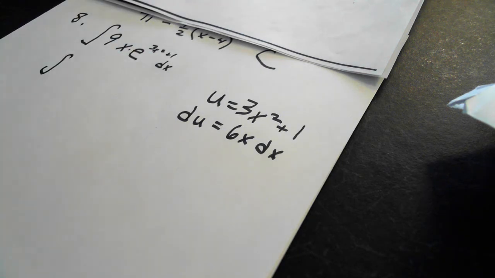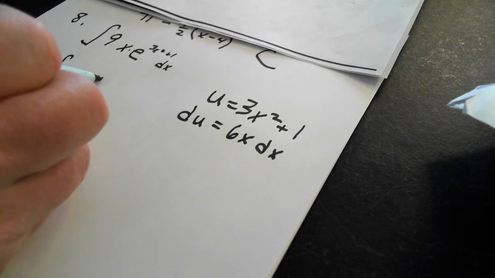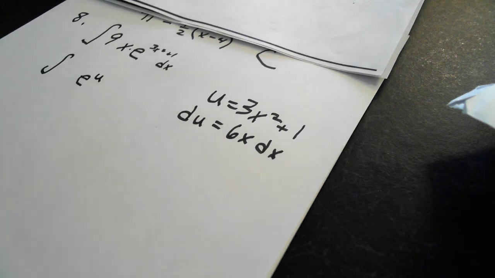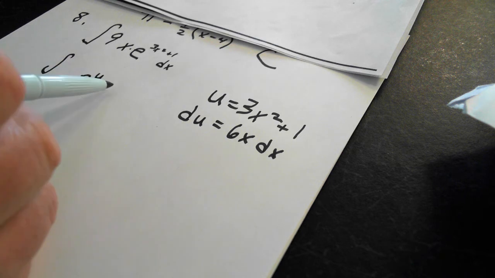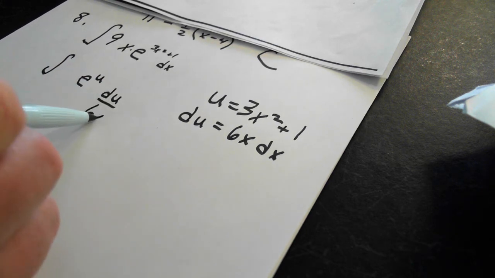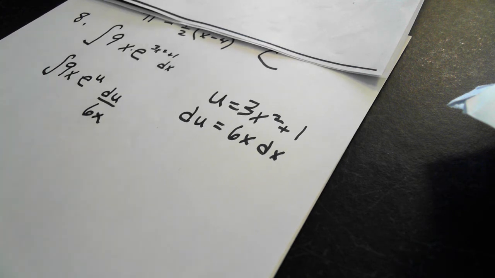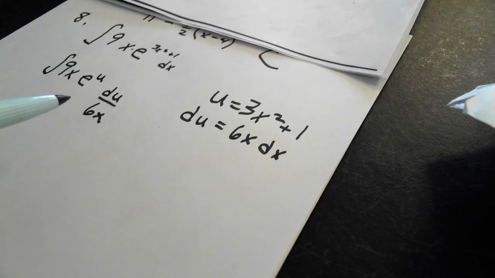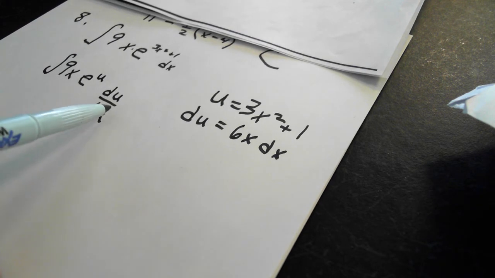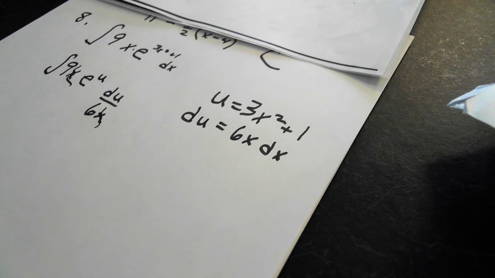And then we would rewrite this as e to the u, and you would replace a dx with a du over 6x, right? And then we have this x over here, and we have a 9. Well, that's nice. In fact, it's necessary that we cancel away the unreplaced stuff, else we can't do it that way.